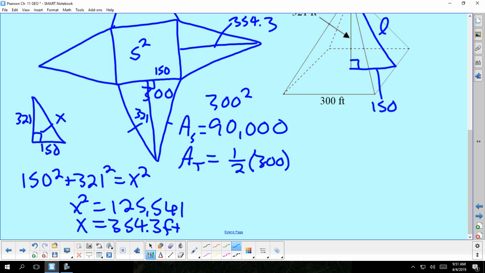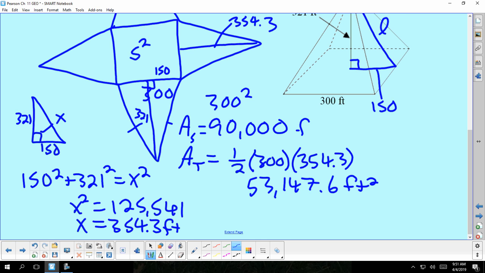So plug in that height right there. And you get the area of one of those triangles is 53,147.6 square feet. Those are both in square feet. And I know that there are 4 triangles attached to this square. So I'm going to multiply this by 4.